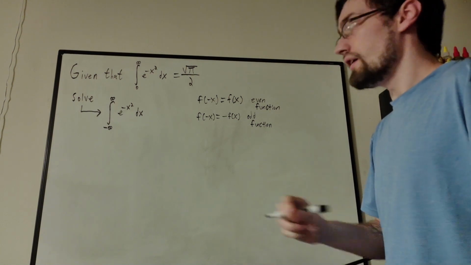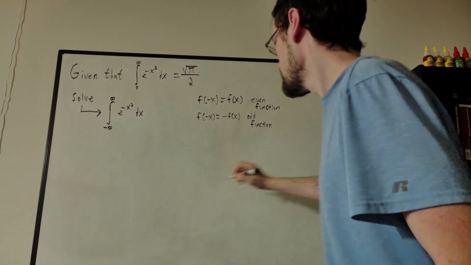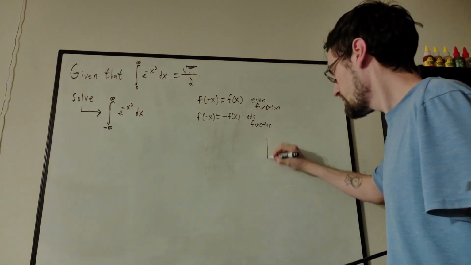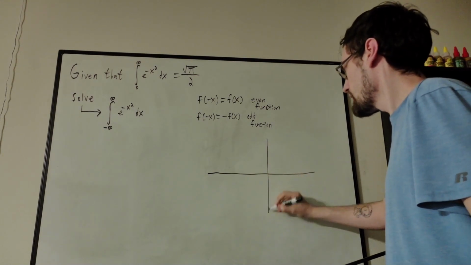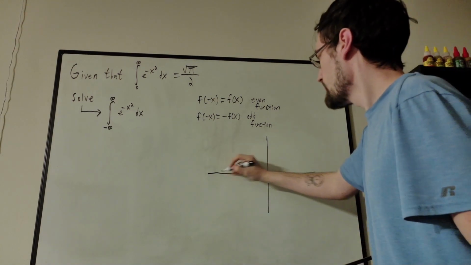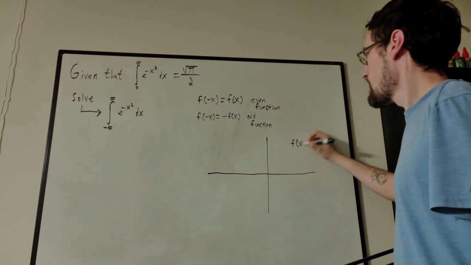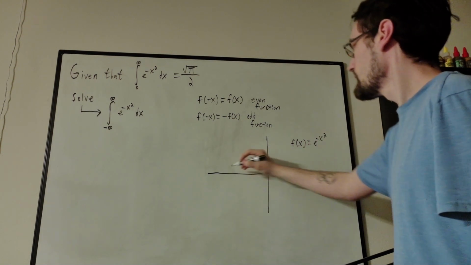Now, the beauty of the exponential function in this case, e to the negative x squared, if we plot this on the xy coordinate plane, otherwise called Cartesian coordinates, we plot the function f of x equal to e to the negative x squared.